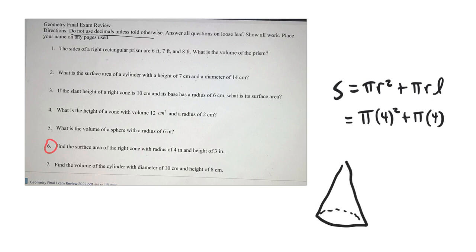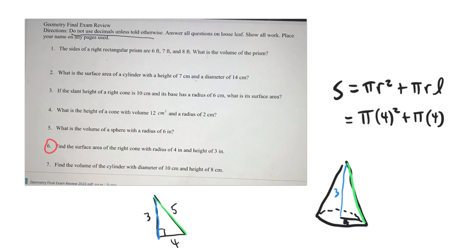So the case with this one is that that's 4. Okay, so we have that radius of 4 there, but now they're also saying that the height right here is 3. So it's up to us to find the slant height. Now the slant height is this green part. The way to do that is to recognize that there is a right triangle being formed in this case, where the blue side happens to be 3, the bottom happens to be 4, and if you were to do the Pythagorean theorem, you would quickly realize that that's 5.